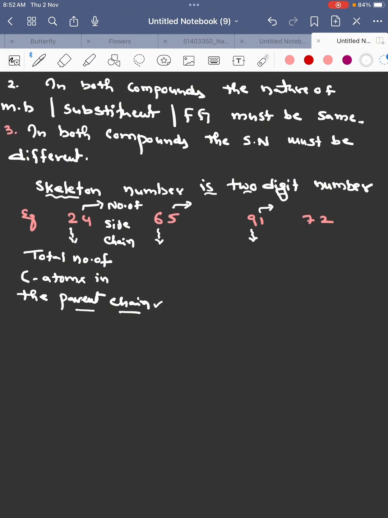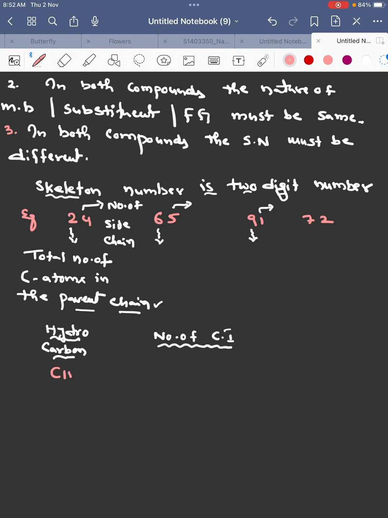I am going to write here: hydrocarbon on one side, and number of chain isomers, CI, on the other side. What is CI, student? Chain isomerism.